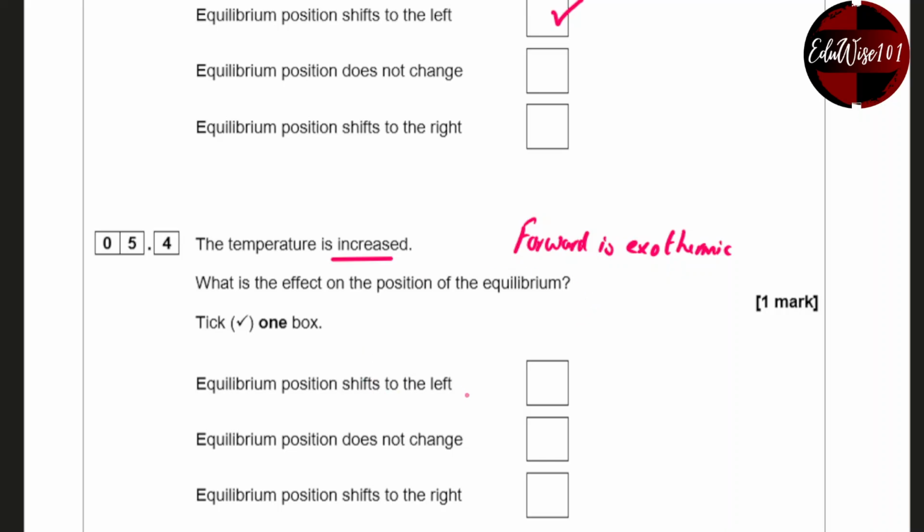So the backward reaction is the endothermic reaction, because it's trying to reduce the heat. So backward is endothermic.